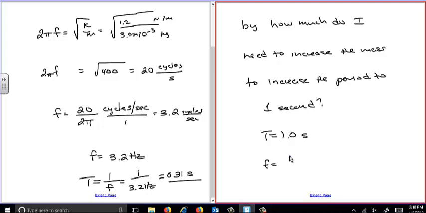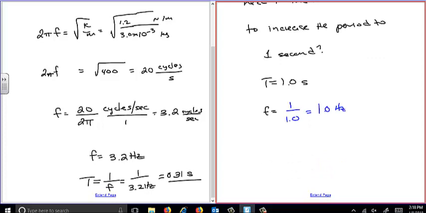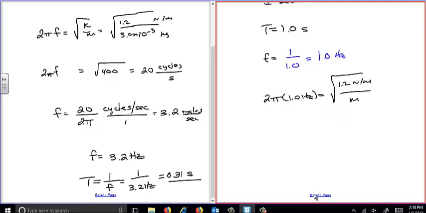So you get 1 over 1, so that's 1 hertz, 1 cycle per second. Okay. Now, we know that 2 pi times the frequency is equal to the square root of k, which is 1.2 newtons per meter, divided by the mass.